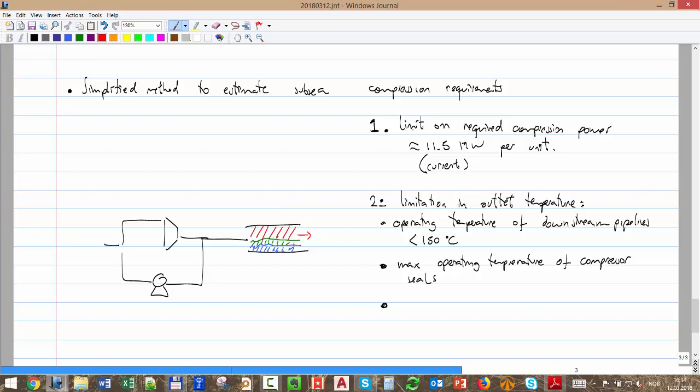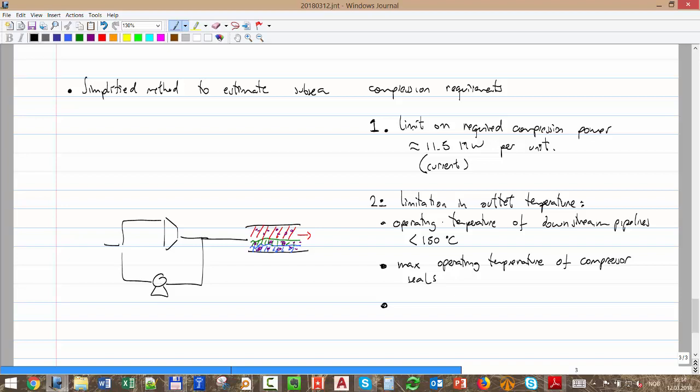If the temperature is too high, for that inhibitor to be effective, it has to be in the phase where we have the water, right? Like you already saw from one guest lecture, the hydrate is formed by the presence of water, so the inhibitor has to act on the water. When the temperature is too high, that inhibitor vaporizes and stays in the gas phase, and then it doesn't have any effect. Okay, so that's another reason why we want to control the temperature.